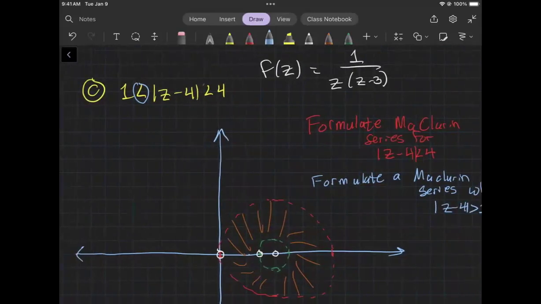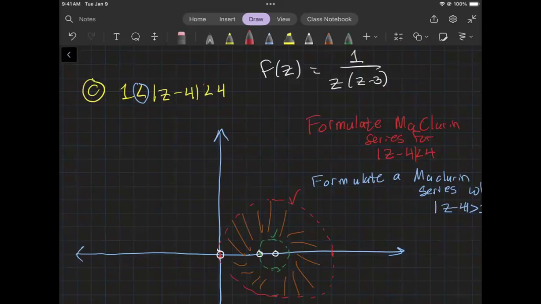The greater than portion, the lower circle here, constitutes the principal portion, as opposed to the upper range of your domain, which concerns the analytic portion.